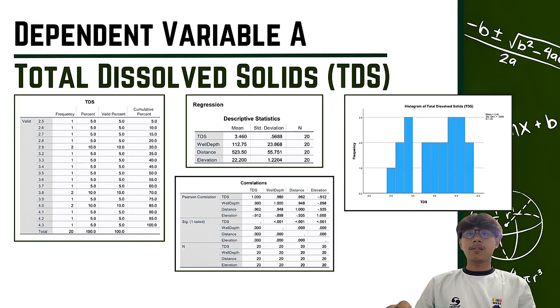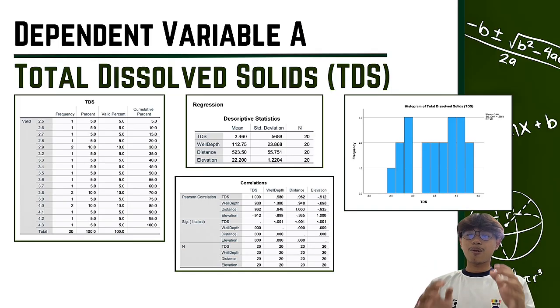Next, to further investigate the factors affecting TDS, we performed Pearson correlation analysis in SPSS. The results show that TDS has a very strong positive correlation with well depth, with a correlation coefficient of 0.980. This means that deeper wells tend to have higher TDS concentration.